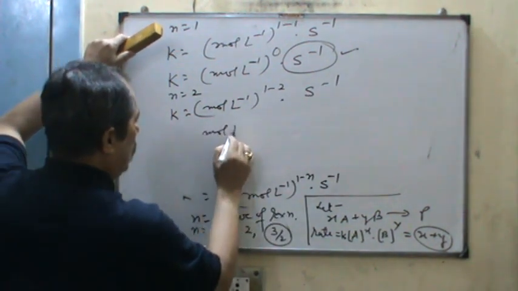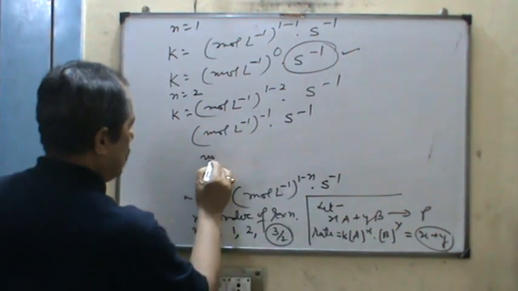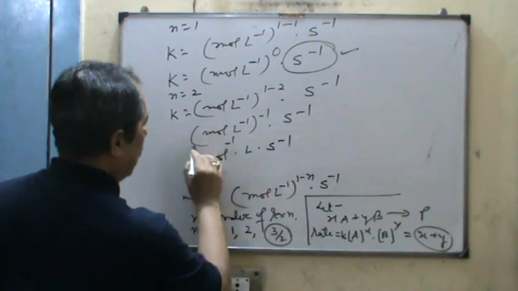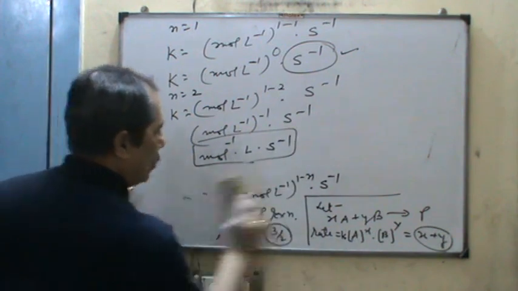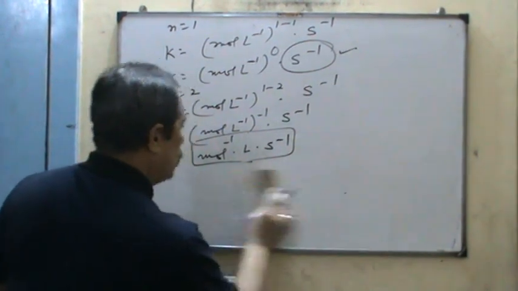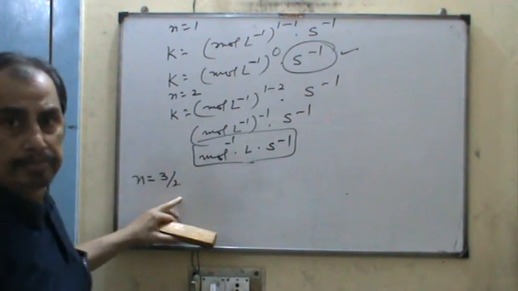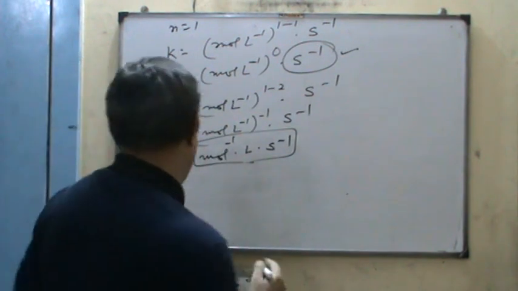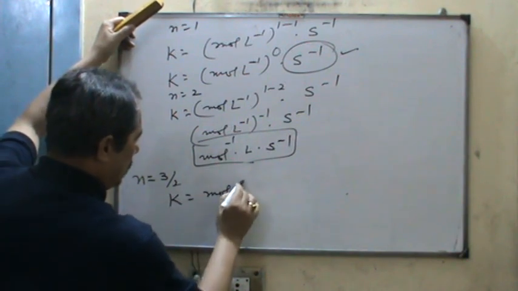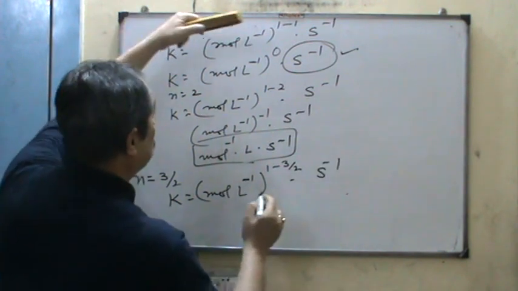That is, (mole liter^-1)^-1 second^-1, so mole^-1 liter into second^-1. The way you can calculate, you take n equal to 3/2. Anybody tell me, if it is the fractional order reaction 3/2, the way you can have k equal to (mole liter^-1)^(1-3/2) into second^-1.